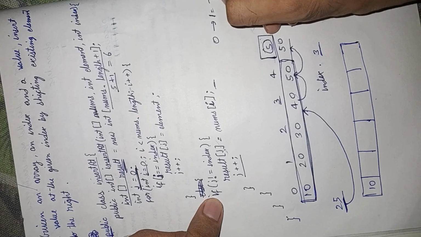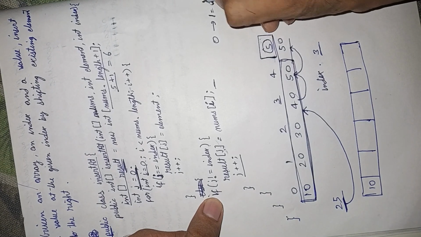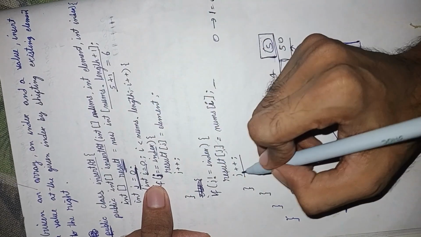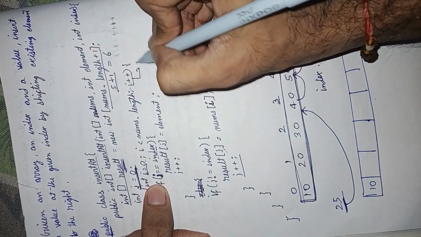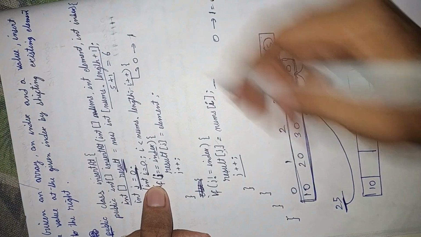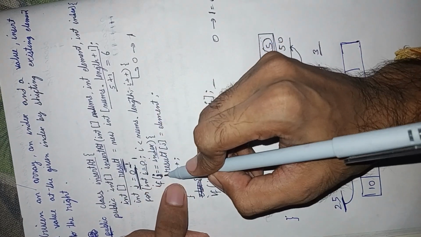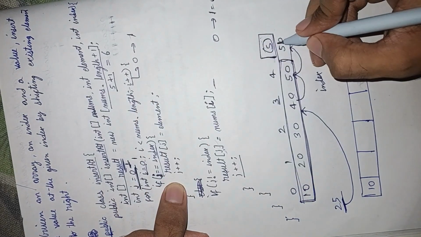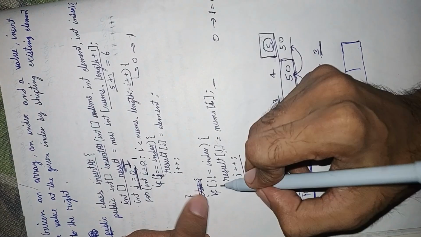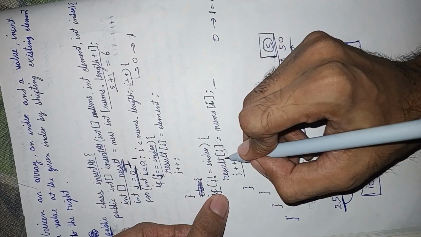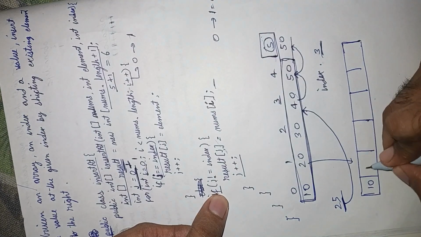Now the value of j is set to 1 and i goes from 0 to 1. Now i equals 1, j equals 1. Is 1 equal to 3? No. Means this will execute again. 20 will be passed on here.